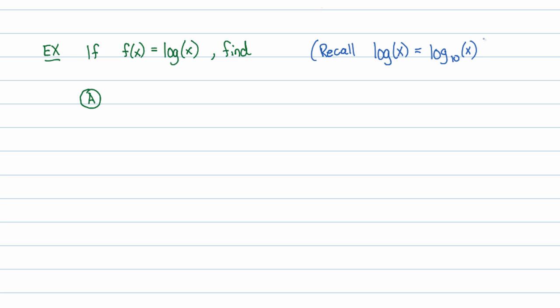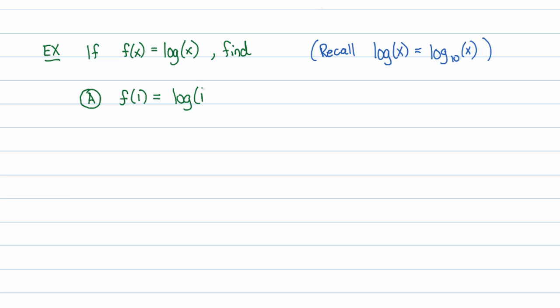If there's no base given, it's assumed it's base 10. So let's go ahead and evaluate this function at 1. And this works like any other function. Just even if it works like it was a square root function. Just imagine log just replaced with a square root symbol. Okay, so we just plug in 1 for x.